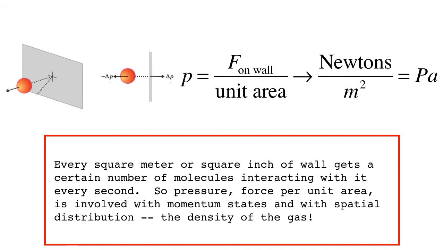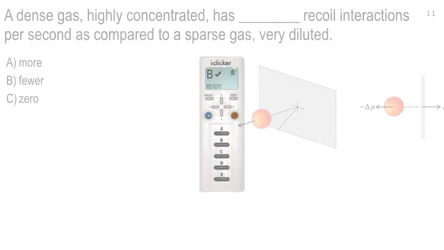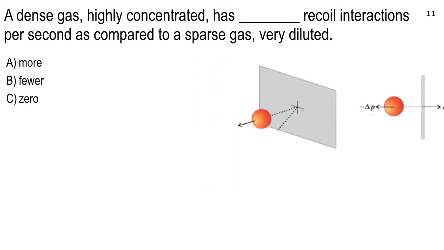Okay, I want to give you a clicker question now. It's going to be multiple choice. Get your clicker on. Let's see if you were listening to what I was just talking about. All right, here's your question. A dense gas, highly concentrated, compared to a sparse gas, very diluted. Read carefully and think.